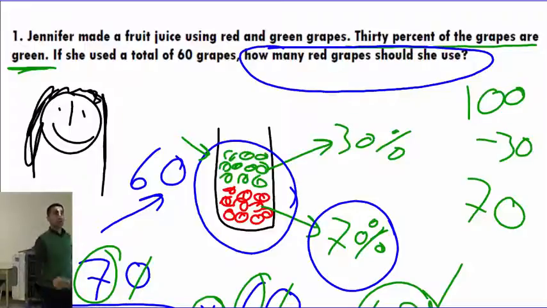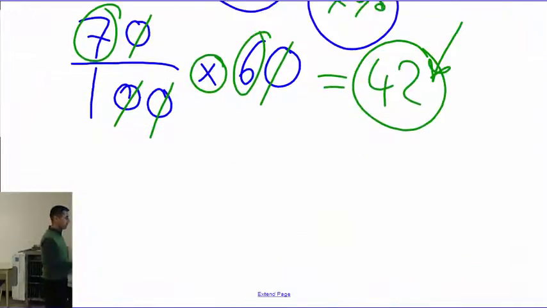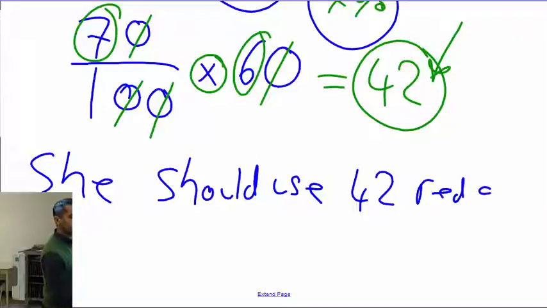I'm going to write down she should use 42 red grapes. So I write that down. She should use 42 red grapes. I am done. I'm going to do 2 more examples.